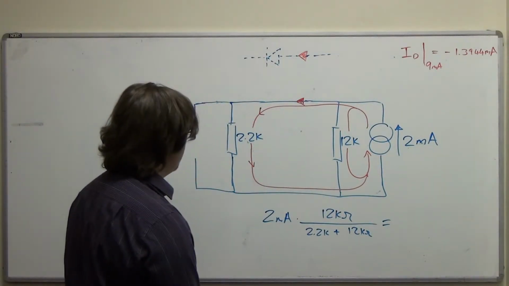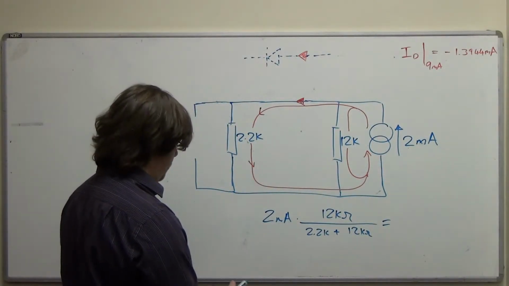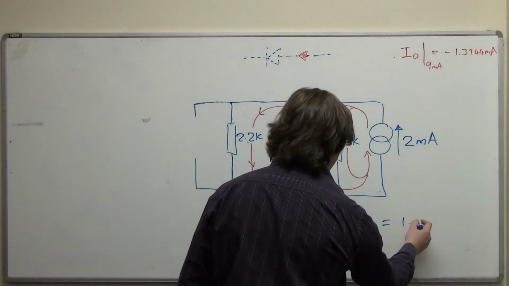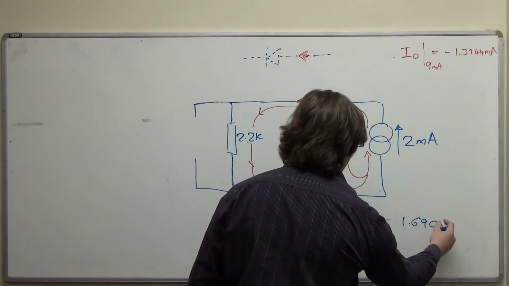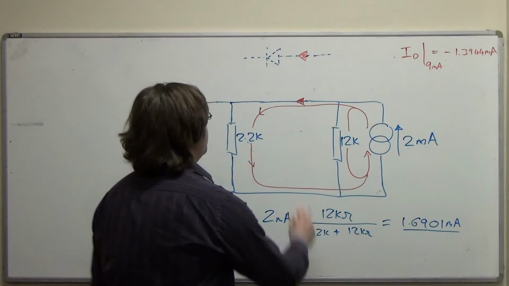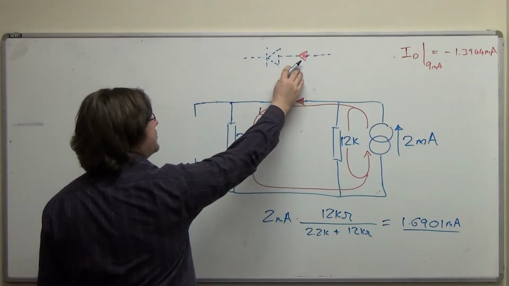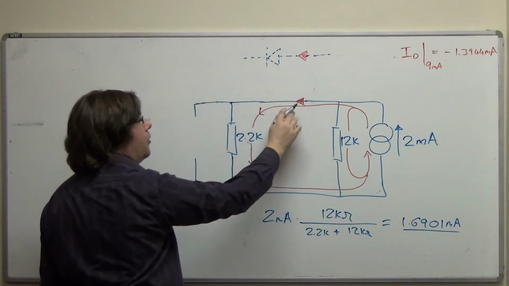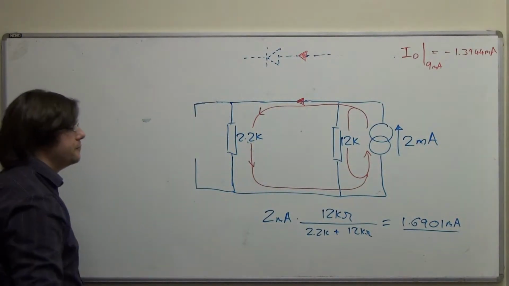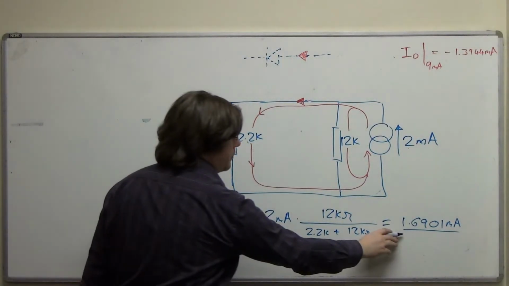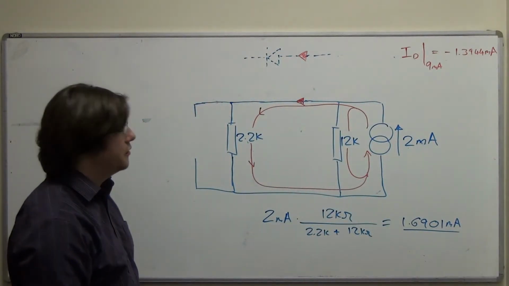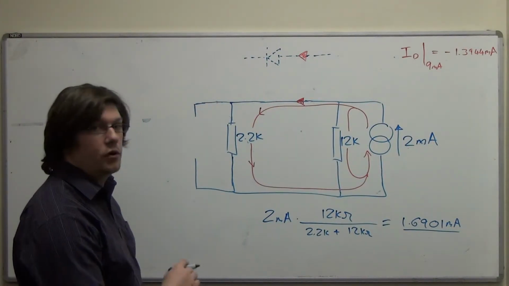So we have 1.6901 milliamps. Now, this current has the same direction as the current that I'm interested in, and the opposite direction to the prior current that we calculated for the source that was over here. So this one, by my system of current arrows, is positive.